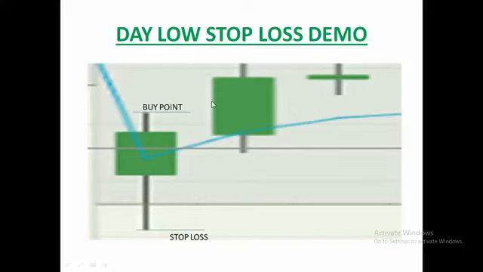So we can place a buy order after retrace, or you can also place a buy order as and when this crosses the high of this particular 15 minutes candle. In that case, where do you need to place a stop loss? We should place a stop loss below this particular 15 minutes candle, which is the day low. So this is where we need to place the stop loss. But from the best practice perspective, it should be below this particular low.